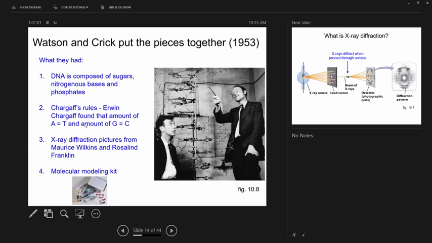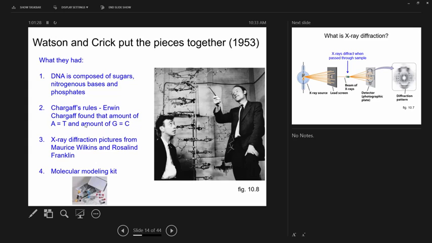The X-ray diffraction picture that they saw was from a scientist named Maurice Wilkins, and more specifically from a woman working in his lab named Rosalind Franklin, who was the only one, as we'll see, to be able to get a crystal good enough to give a diffraction picture good enough to make this judgment.